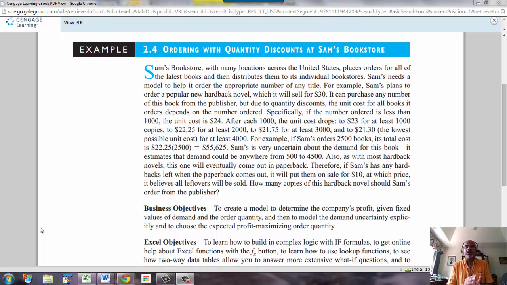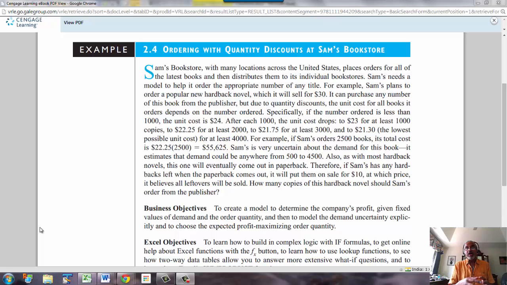So this is the hardcover novel. The demand for these kinds of novels will range anywhere from 500 to 4,500, and that's what the bookstore has estimated. They also have probabilities associated with these demands. Now the question is how many hardcover books they should order and stock.